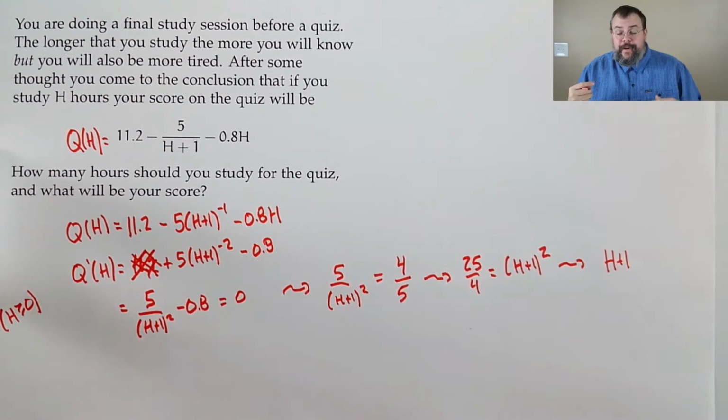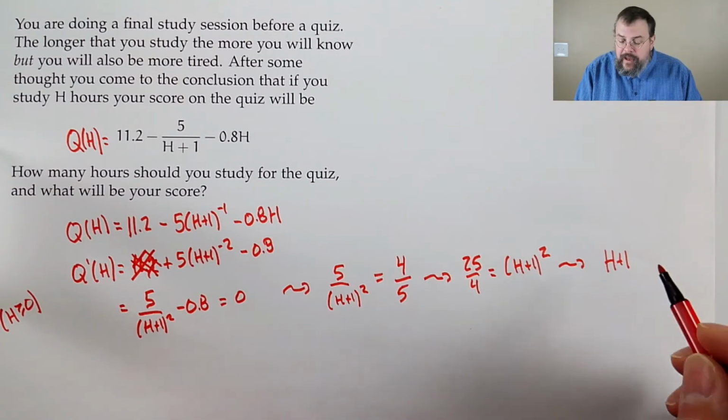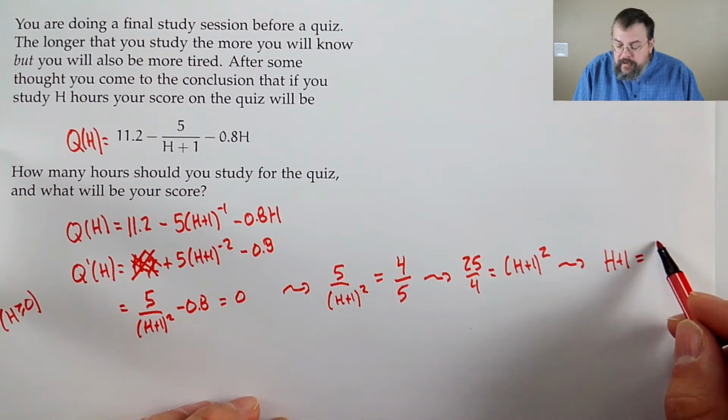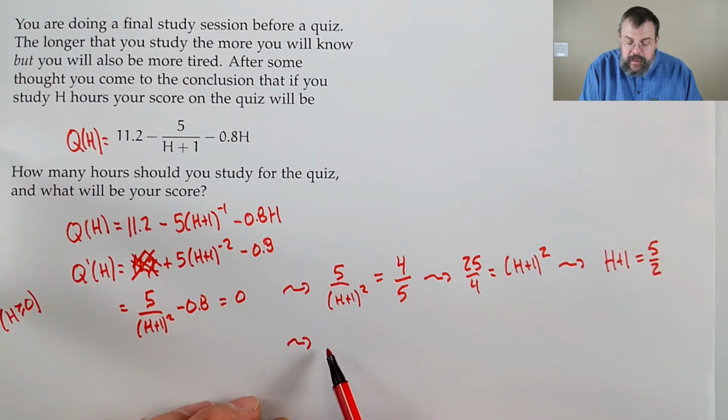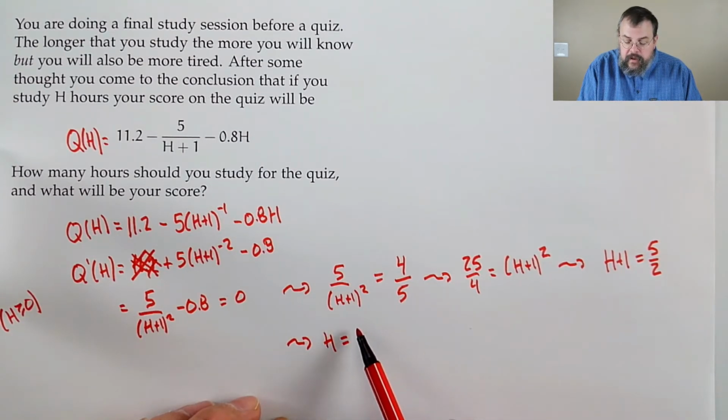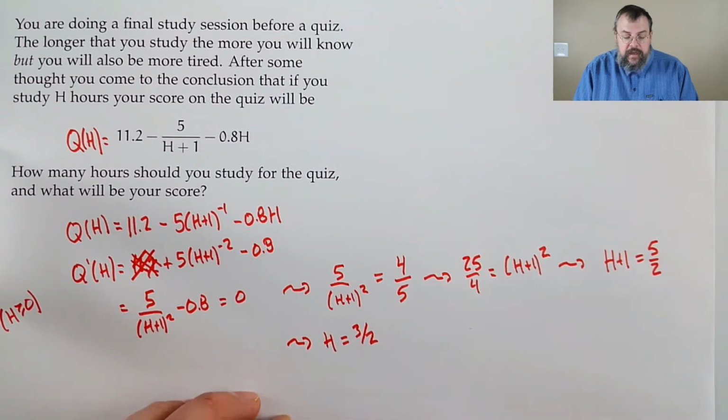Well, in our case, there is a reason we're only going to keep the plus, because if we had h plus 1 equals negative 5/2, we'd be back into h being negative, which is out. So h plus 1 equals 5/2. All right, well, we're almost there. Subtract 1, and what do you get? That says h should be equal to 3/2. Okay, good. So that's our critical point.